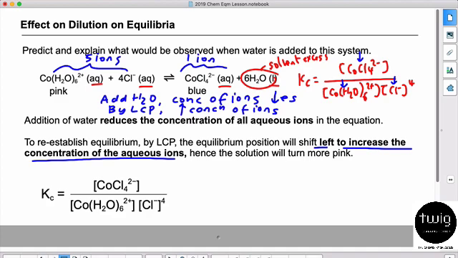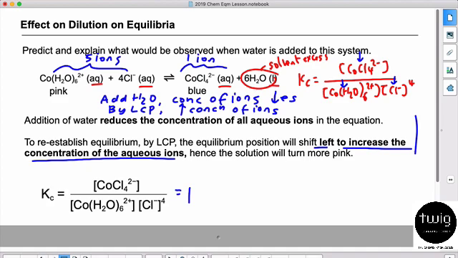I'm going to show you mathematically why it is like this. Anyway, copy this first. It's okay? So we shift to the side with more ions: 5 ions on the left, 1 ion on the right. Let me give you a simple idea. For a hypothetical question, say all the concentrations at equilibrium are 1. Imagine I double the volume by adding water.